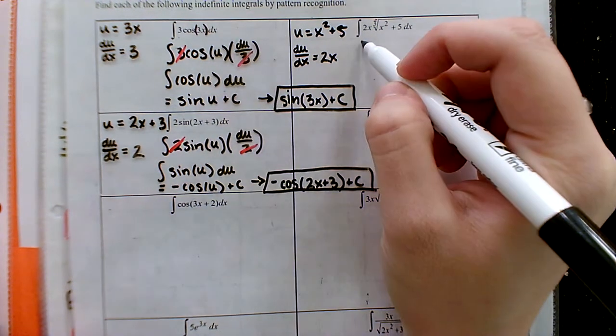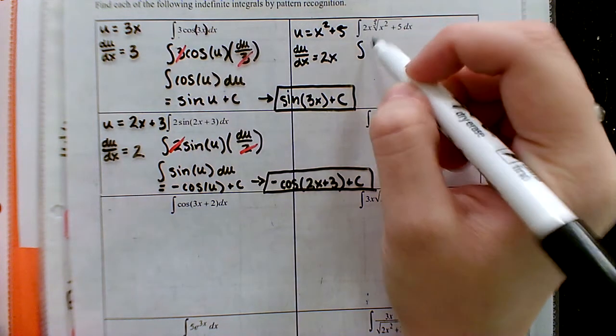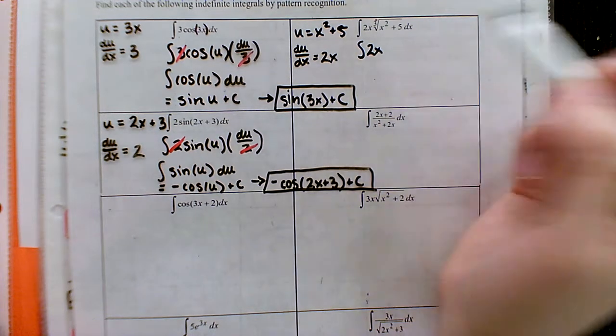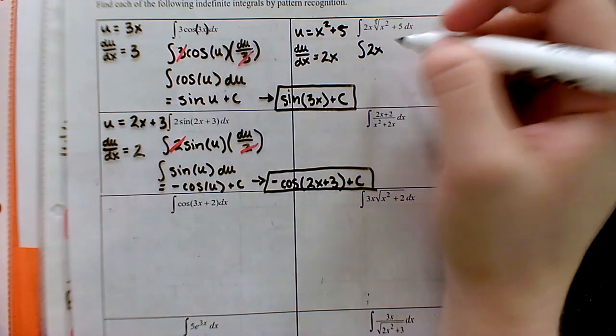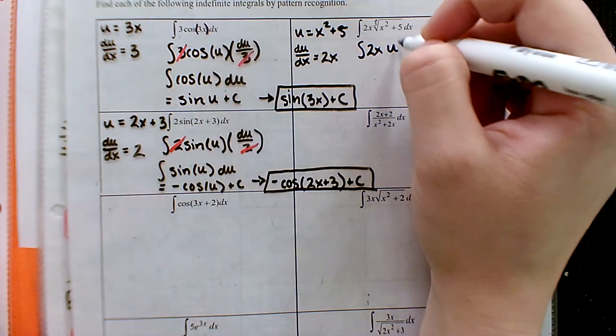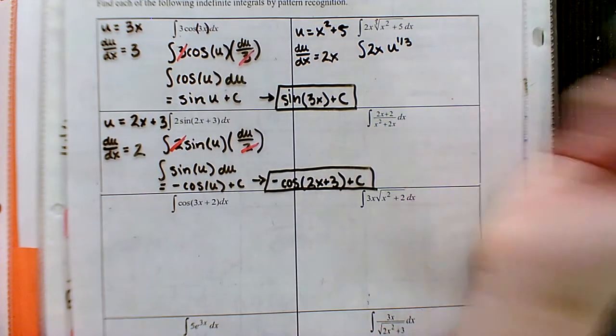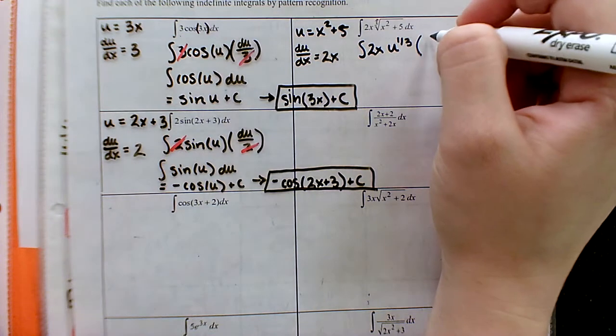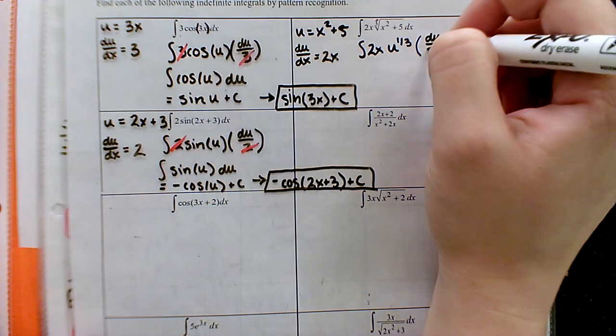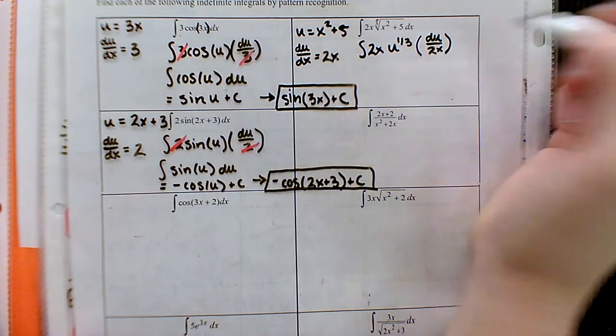All right, let's go ahead and rewrite the integral. So I did not do anything with the 2x, and I need the cube root of u, so maybe I'll write that as u to the 1/3. And instead of dx, I'll have du over 2x.